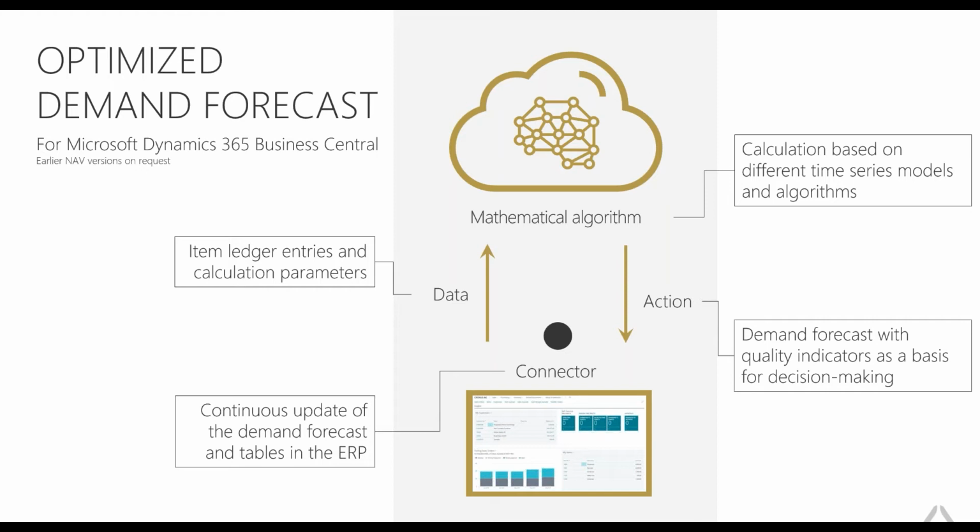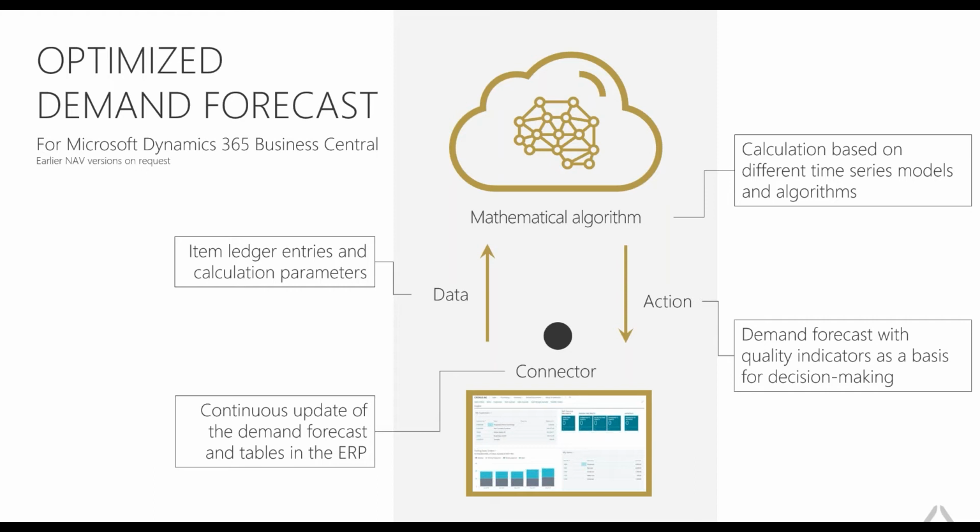So the basic idea is to transform data to a mathematical algorithm, which you can see on the left here, and to get an action from that algorithm. In the case of the optimized demand forecast, we upload the item ledger entries for certain articles to the algorithm, and moreover, we upload calculation parameters.